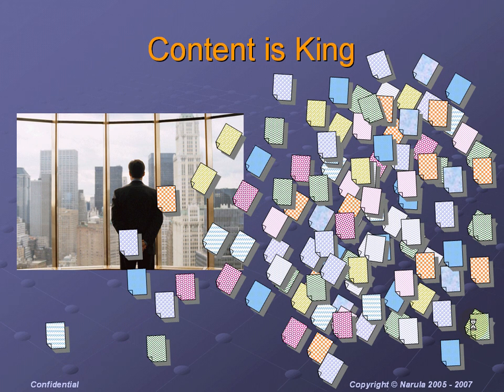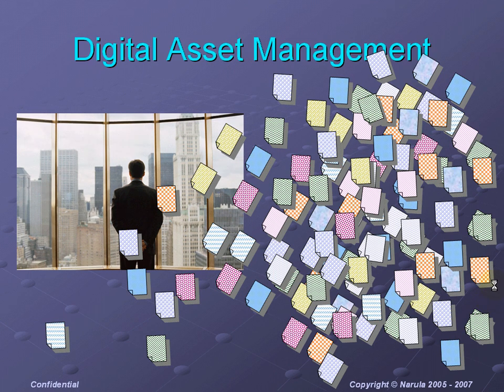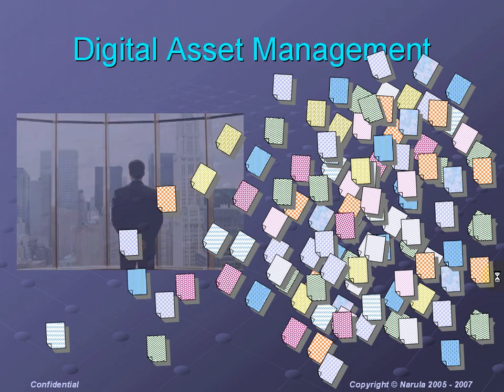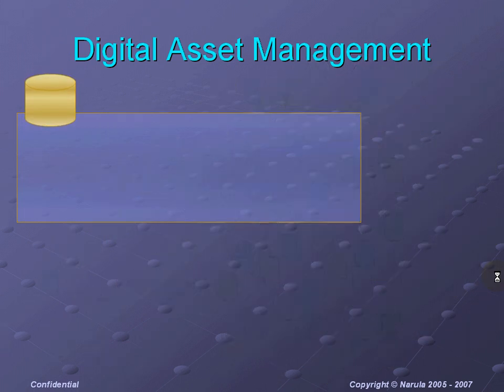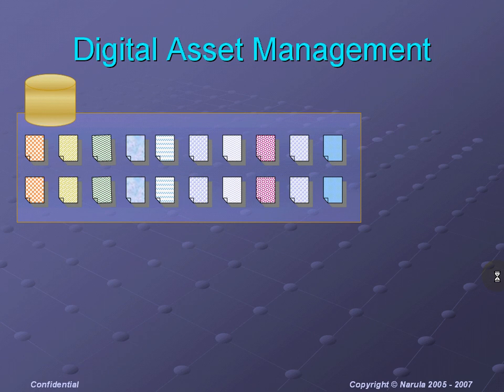To solve these problems, digital asset management has started to play a vital role in finding solutions for them. In a typical digital asset management solution, files are kept at a central location and metadata is associated with each file for easy retrieval, organization, and identification.